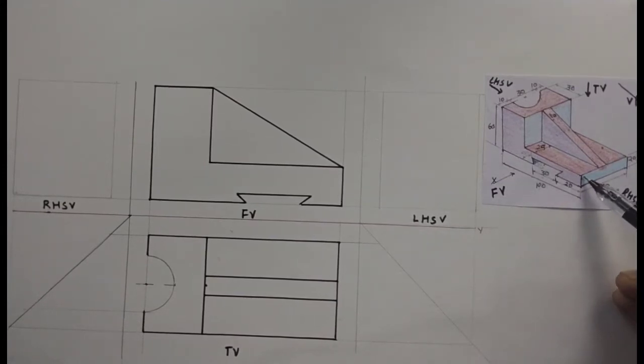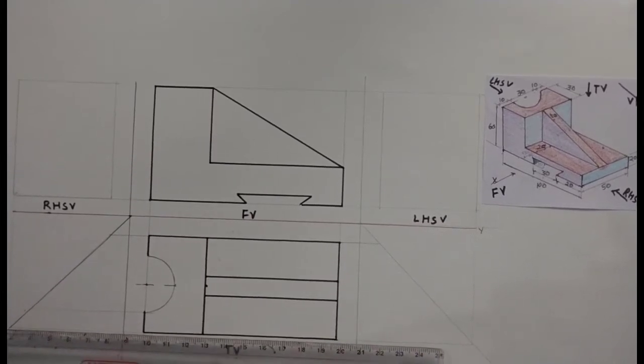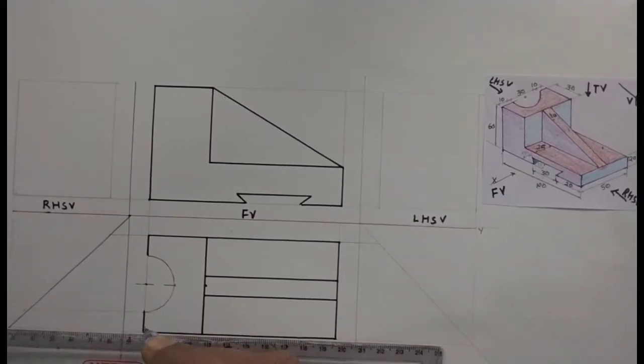So first we create this rectangle, and this rectangle is perpendicular to VP and also parallel to HP, with 50 mm parallel to the HP line, meaning parallel to the XY line. So first I transfer my width from the top view.